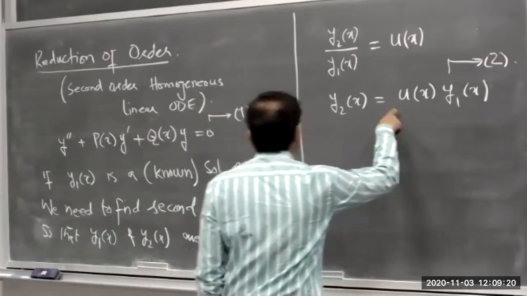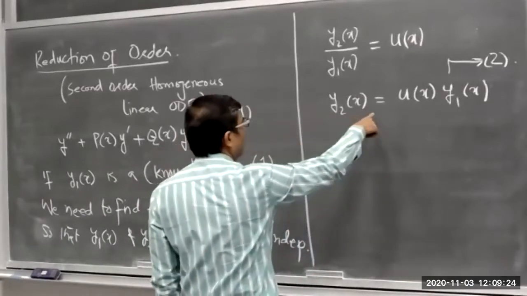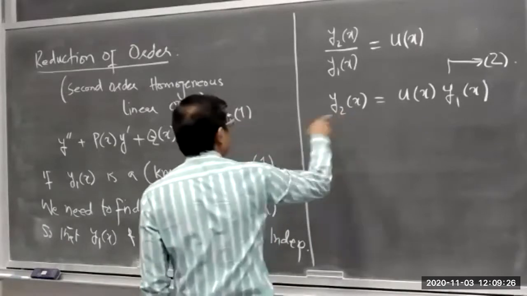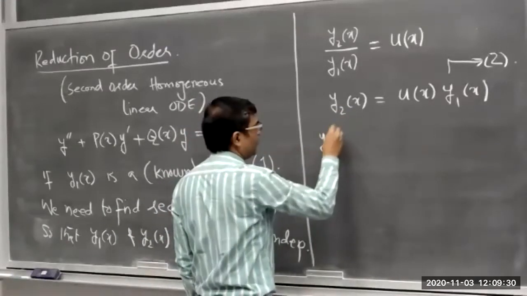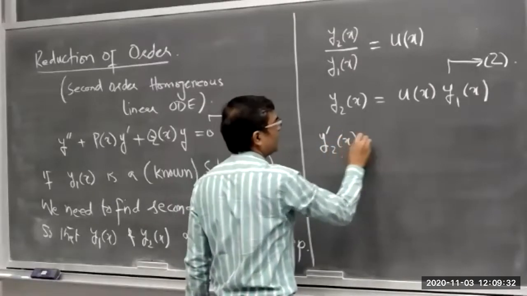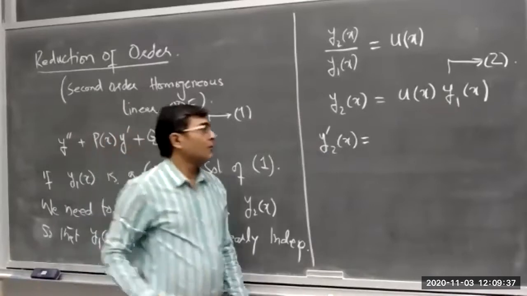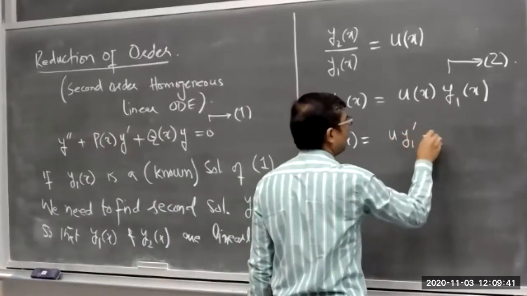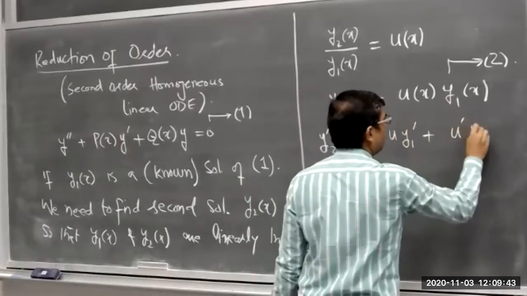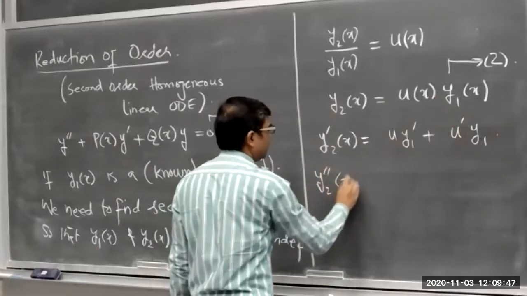Now, to insert this transformation into equation 1, we need two derivatives of y2. If y2 is this, y2 dash is what? We apply the product rule here: u y1 dash plus u dash y1. And y2 double dash of x is what?